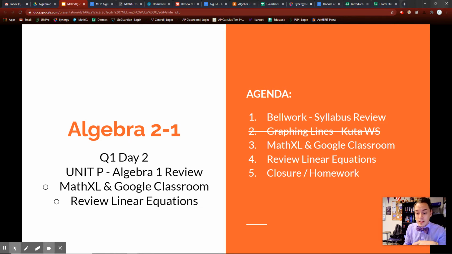After that, we're going to review linear equations, so still a little bit of graphing. Hopefully you remember that. During that time, you should have a pen and paper out so you can follow along, because you're going to be quizzed this week on Friday, your Algebra 1 quiz, a review of the biggest Algebra 1 topics. And then after that, we're going to close.